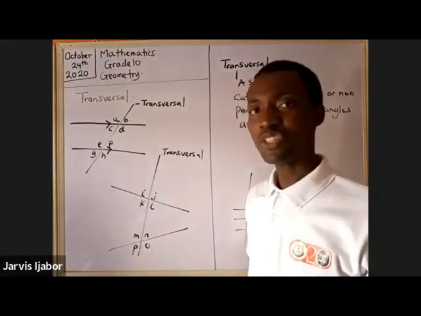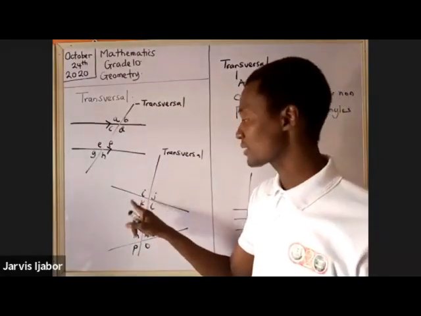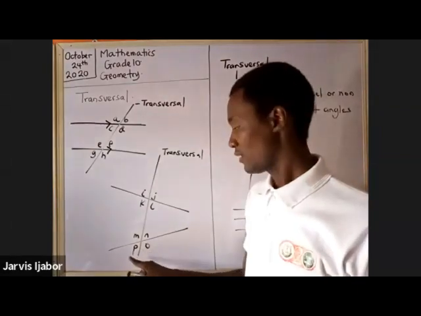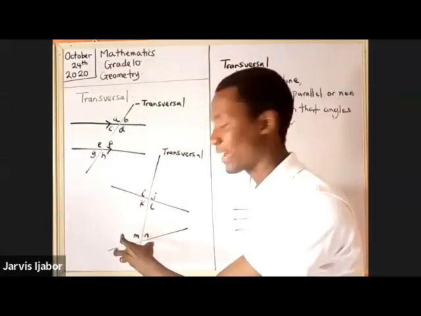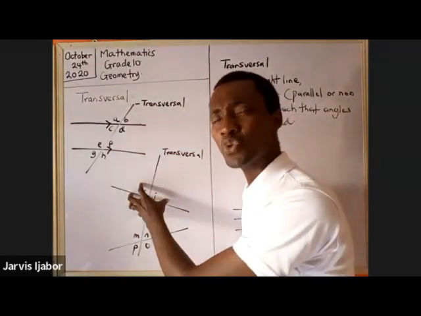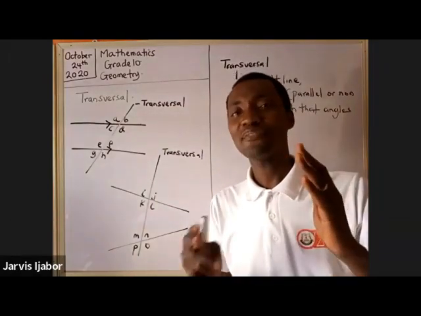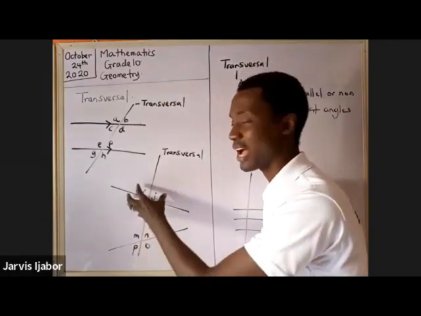But just to stretch your thinking a little, we know that this angle will be equal to this angle, vertically opposite. But because of the way the line is drawn, we cannot relate these angles here to these angles here. So we want to have an arrangement where we can relate these angles to these angles.